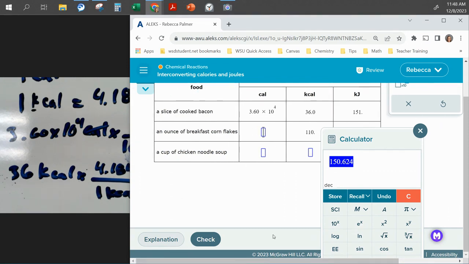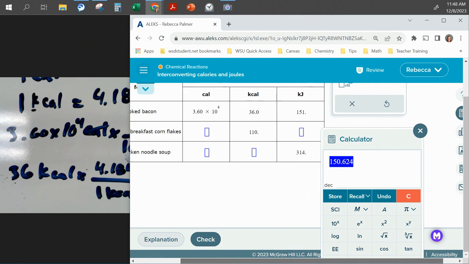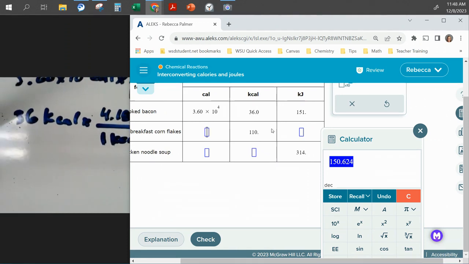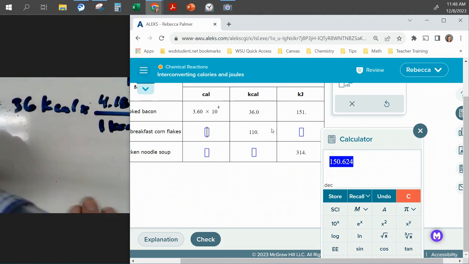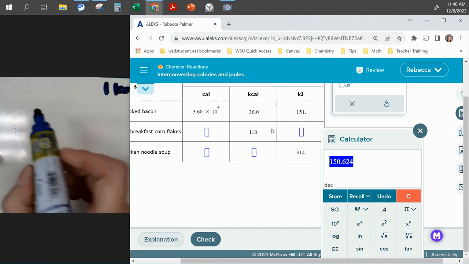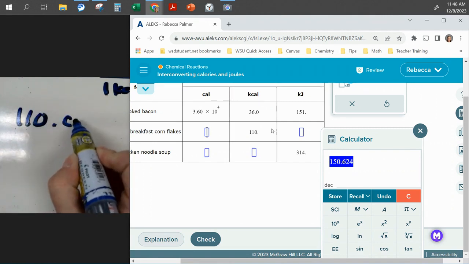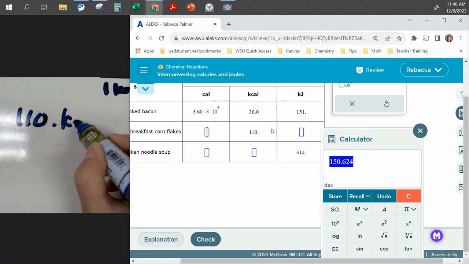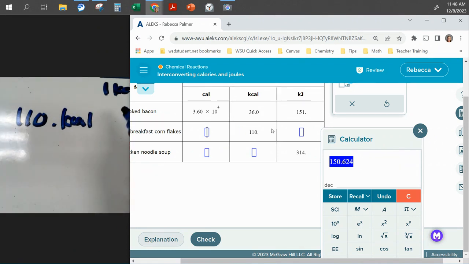Okay. The next one says an ounce of breakfast cornflakes. So we start with kilocalories. The easiest one to do for me is to go between kilocalories and calories, because we're just moving the decimal. So this one is opposite. We have 1 kilocalorie, so we need to multiply by 1,000 calories for 1 kilocalorie.